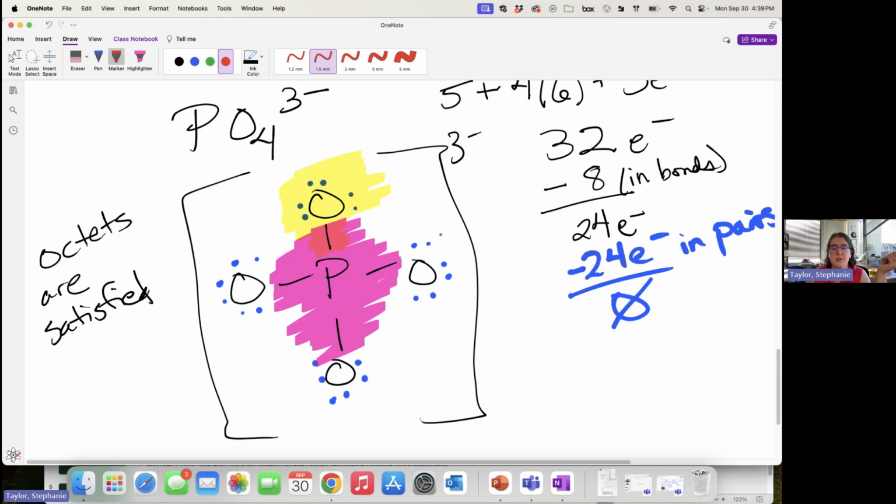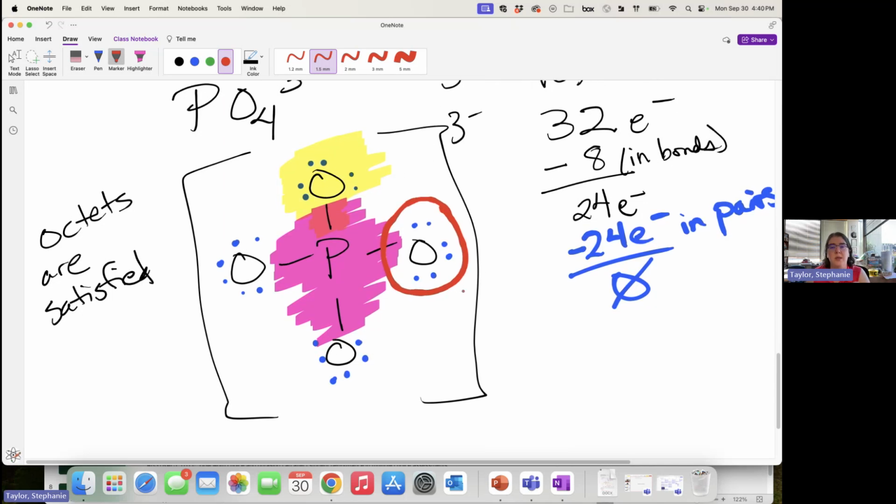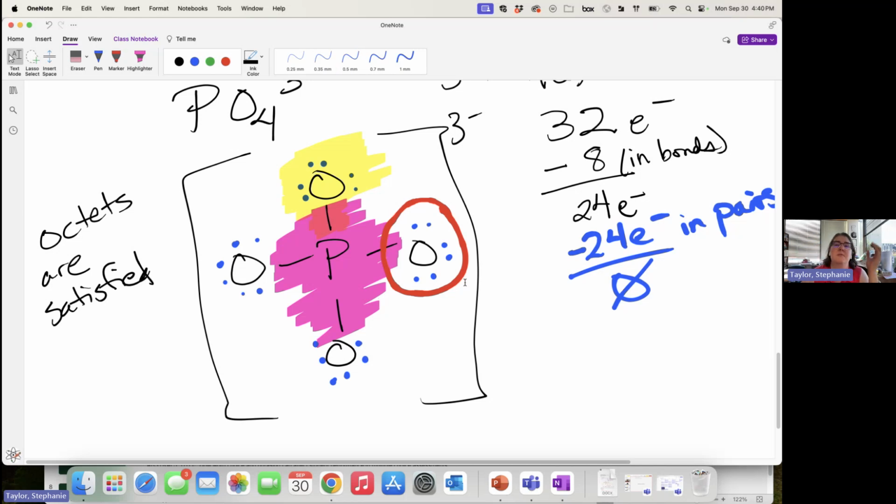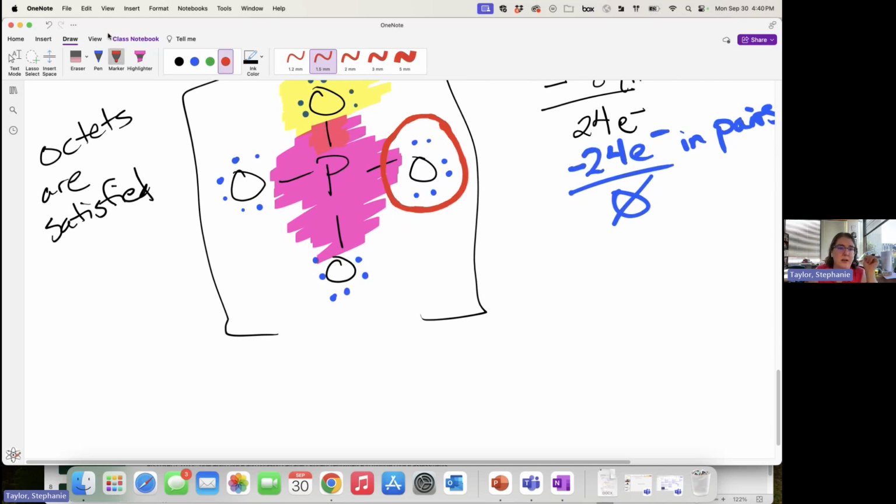Formal charge. So for formal charge, I'm now going to pretend that this oxygen and this phosphorus are going to basically split that bond. And I'm only going to care about if the oxygen was going to separate from the phosphorus, what would it take with it? And what it's going to take with it is going to be valence electrons. So it started off with valence electrons.